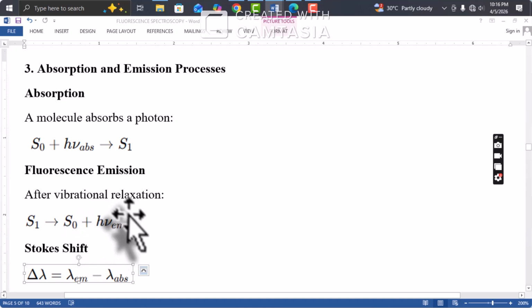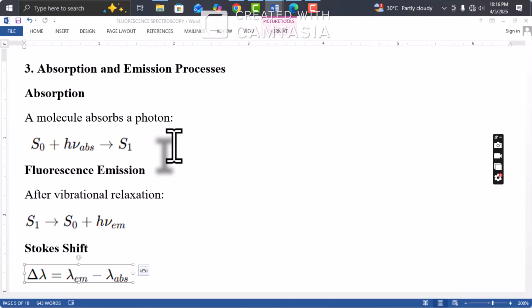That emission is what we call fluorescence. And then it will go back to S0, that's the ground state. So in case I ask you to give the equations that show the processes for absorption and fluorescence emission, you should be able to give me these two equations.